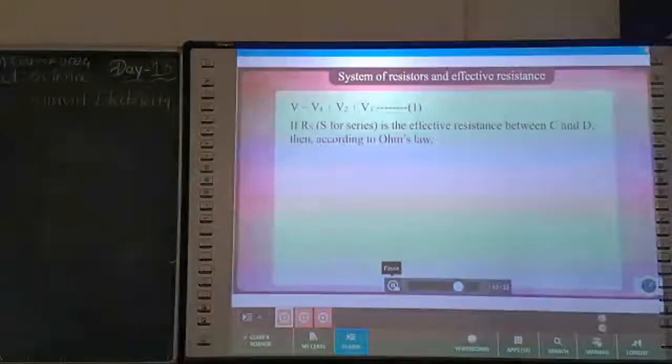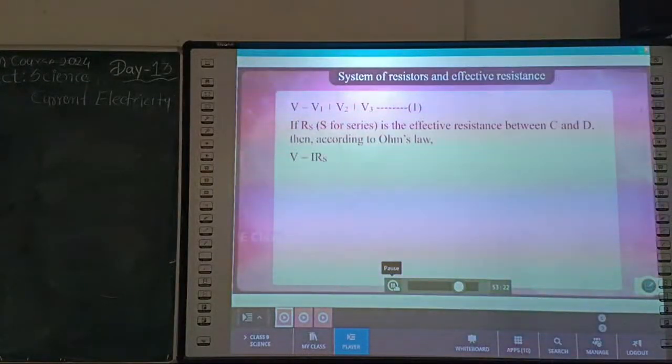If Rs, S for series, is the effective resistance between C and D, then according to Ohm's law, V is equal to IRs, V1 is equal to IR1, V2 is equal to IR2, and V3 is equal to IR3.